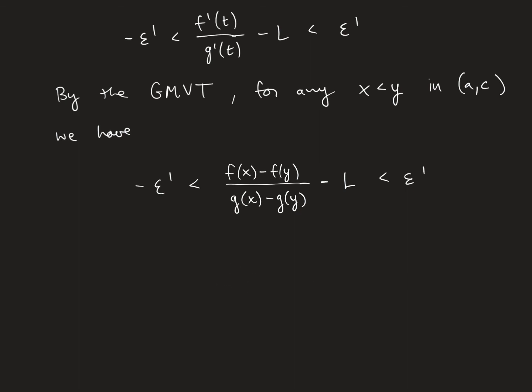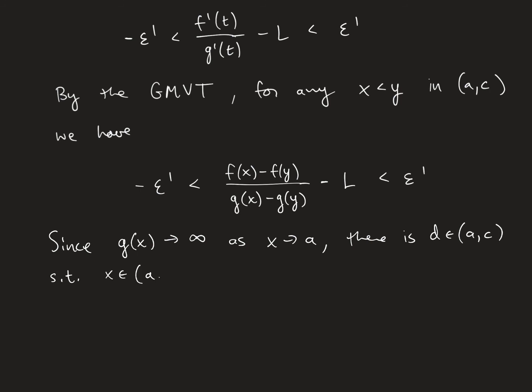So, since g of x is going to infinity as x goes to a, there is a delta such that when x is in the interval, g of x is bigger than g of y and g of x is positive.